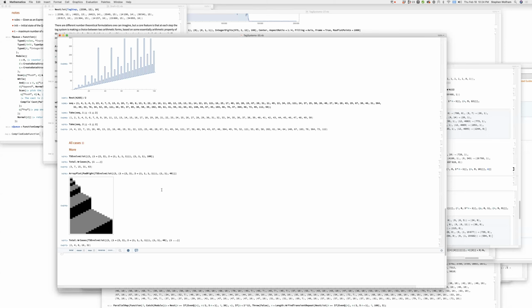Okay, so that's powers of 2. So this one then is powers of 2. So then let's understand, okay, so that's powers of 2. Starting with 1, 1, we're getting powers of 2. Correct.